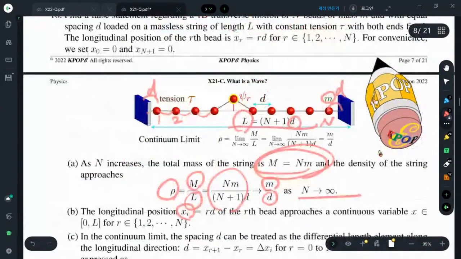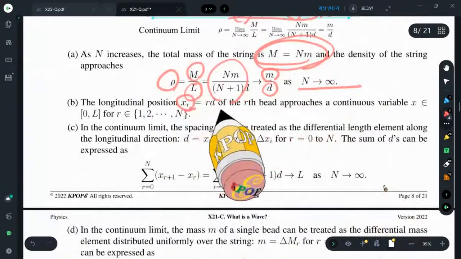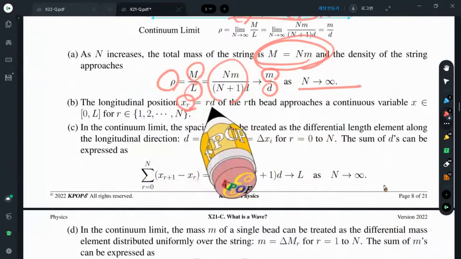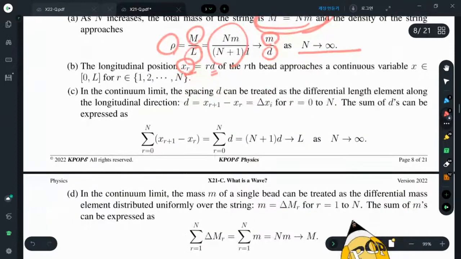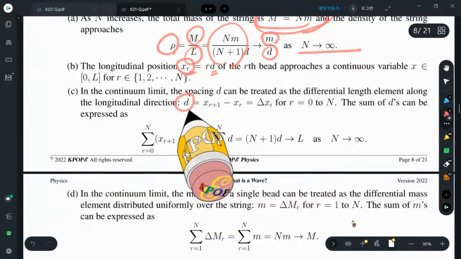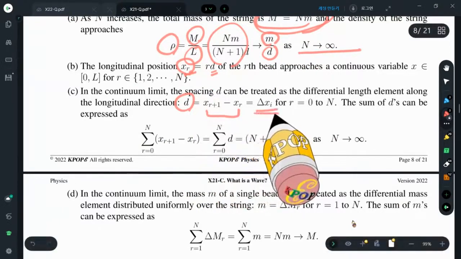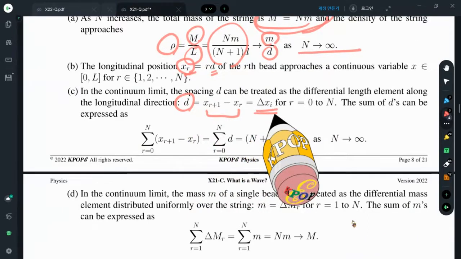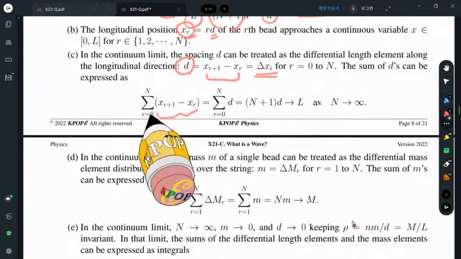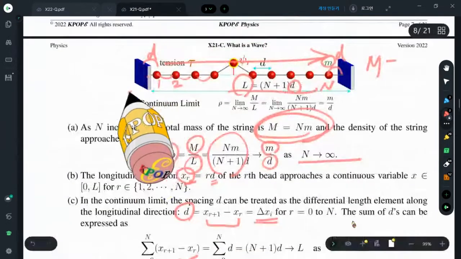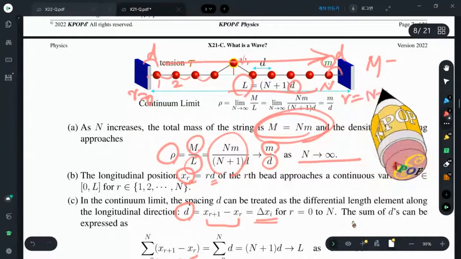Longitudinal means the propagation direction of the wave. We allocate integers. This is the integral multiple of d, that is common spacing. And this d is actually the difference between the nearest neighbors, so I can make use of delta x. If I sum the difference between the two nearest neighbors from 0 to n, here r is 0 and 1 to n, and r equals n plus 1.